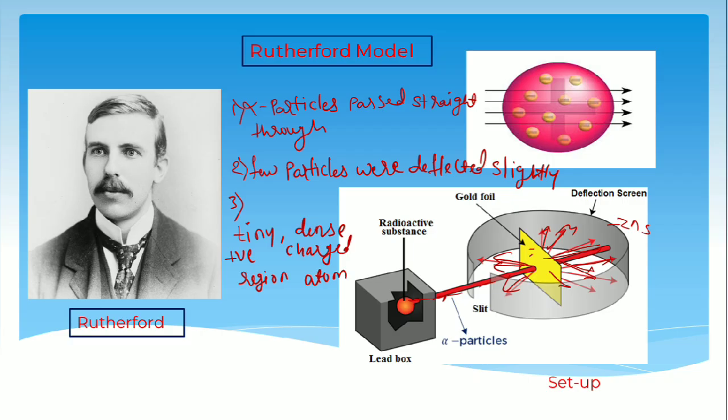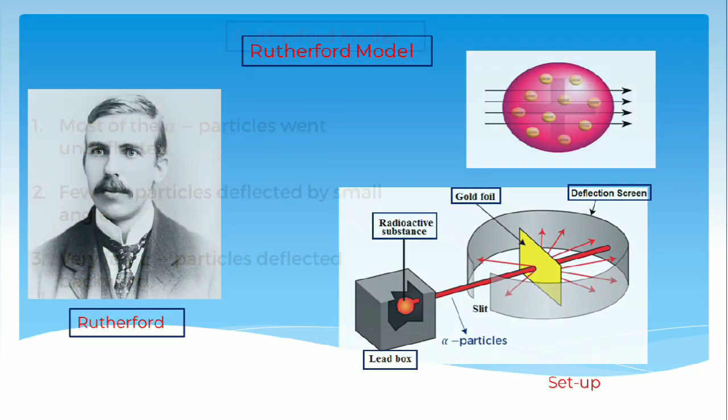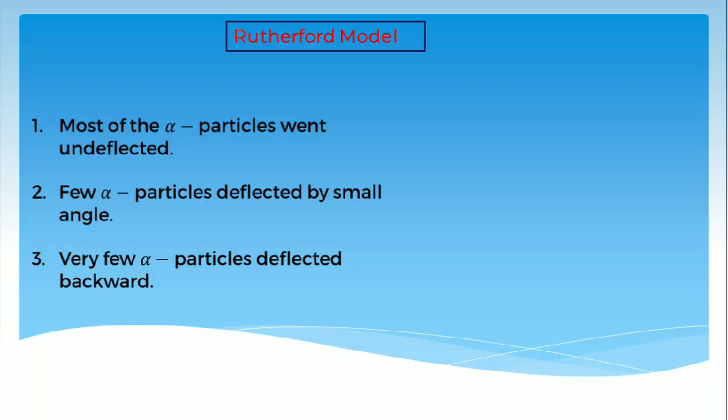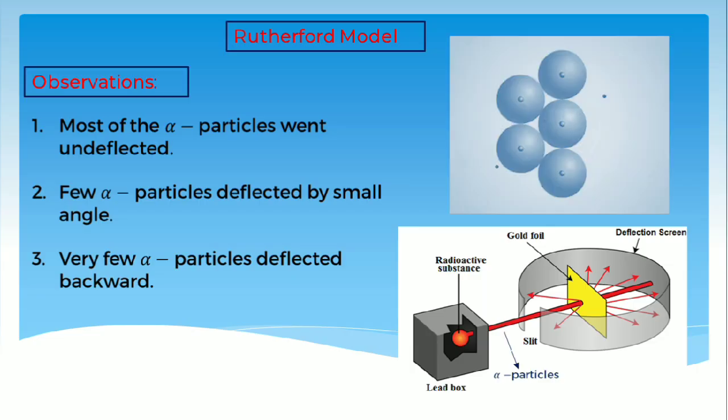So the conclusions were: here we can see the observations were most of the alpha particles went undeflected, meaning in a straight line. Few particles were deflected by a small angle and very few particles deflected backward, meaning bounced back.